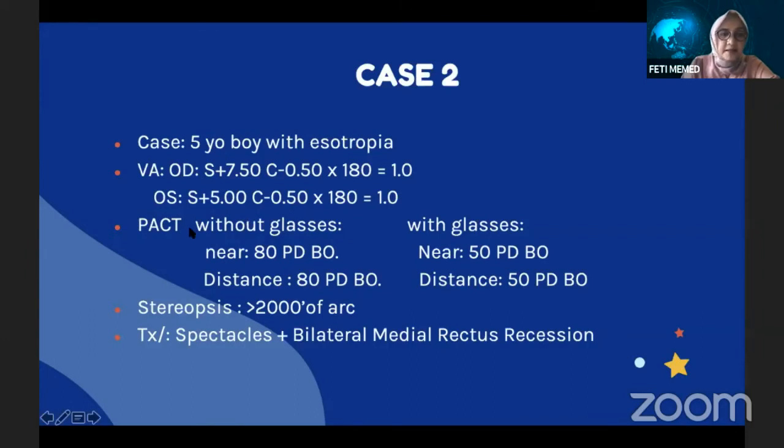Prism alternate cover test without glasses for near and distance is large, 80, but with glasses near and distance the same, 50. No stereopsis in this patient. Then I treated this patient with spectacles and bilateral medial rectus recession.